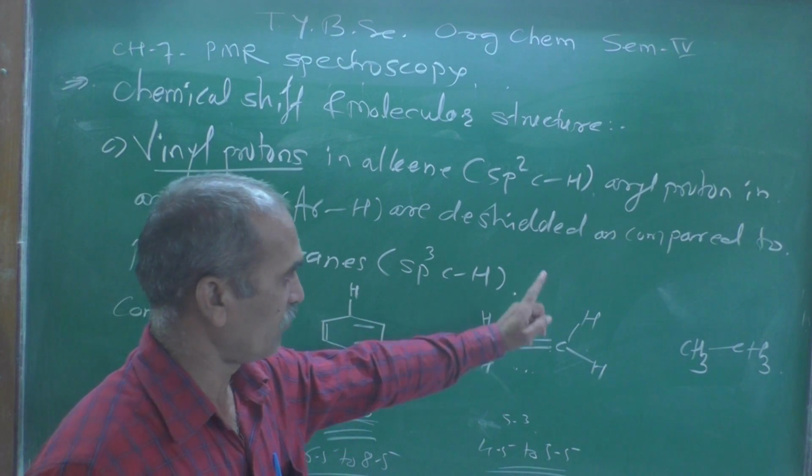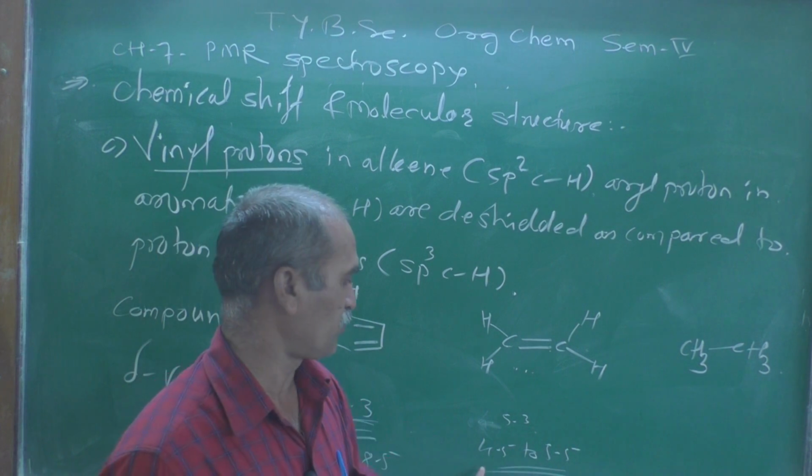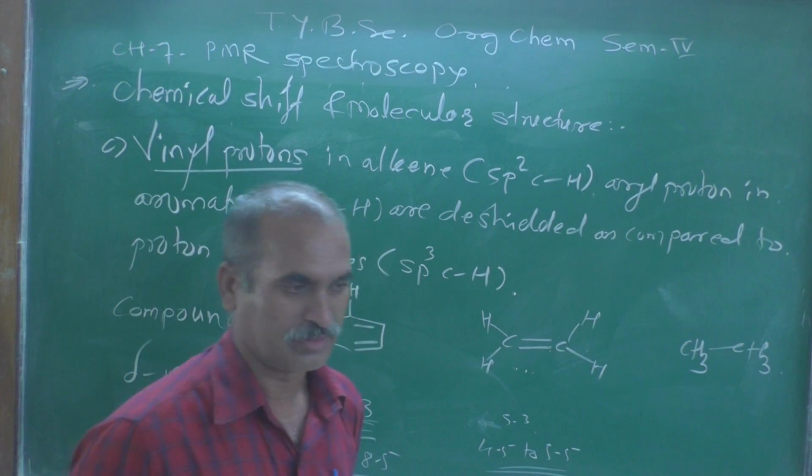And here the vinylic or olefinic proton is generally observed in the range 4.5 to 5.5.